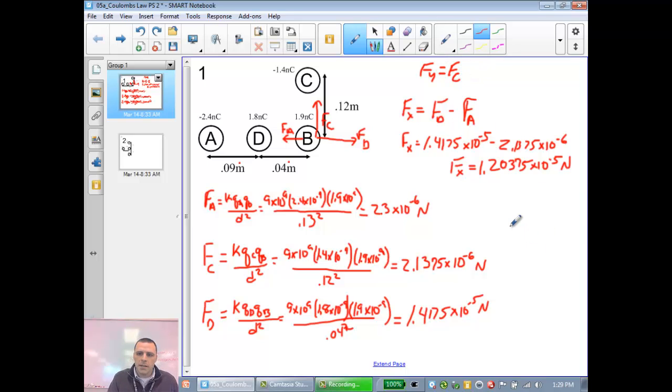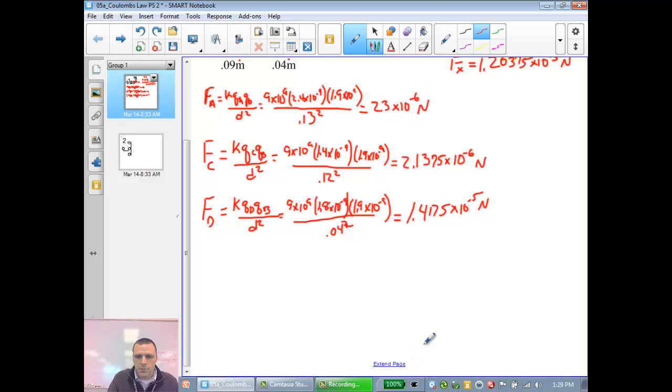So what we end up getting is a force diagram that's going to kind of look like this. This is F in the y direction, and a force in the x direction. And now I'm going to combine those. I'm using the parallelogram method. There's F net.